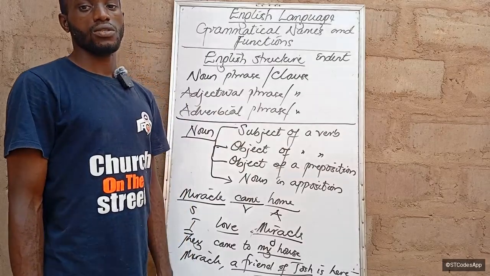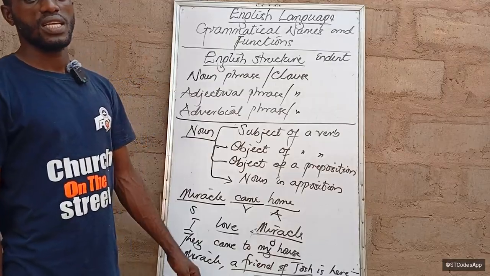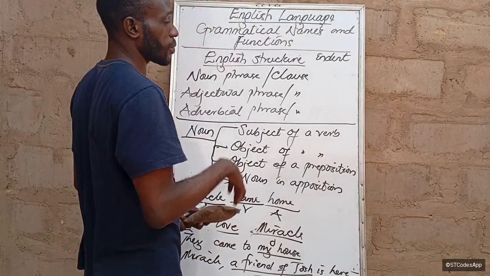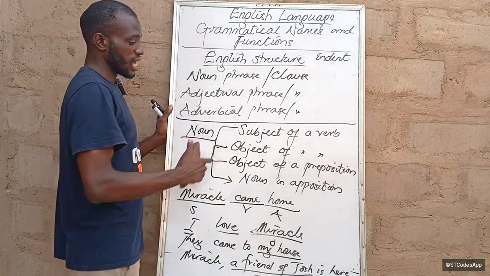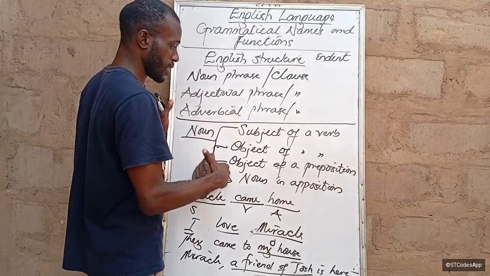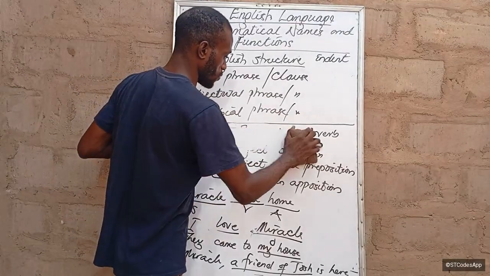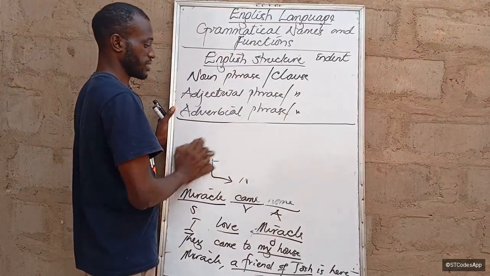Those are the functions of a noun. All right. But for the context of these grammatical names and functions, the ones that are most important to us are these three. Write them down: subject of a verb, object of a verb, object of a preposition. They are the most important to us for this lesson.